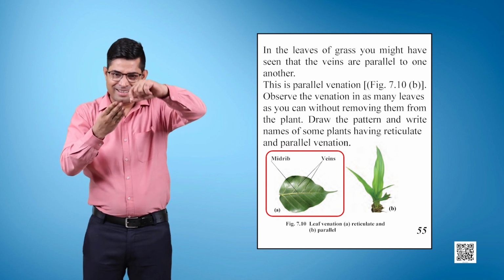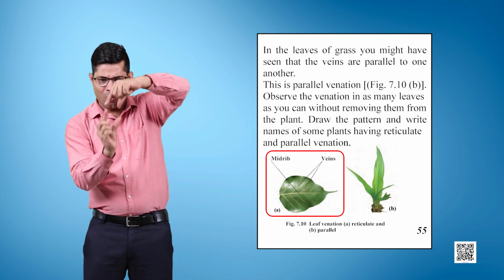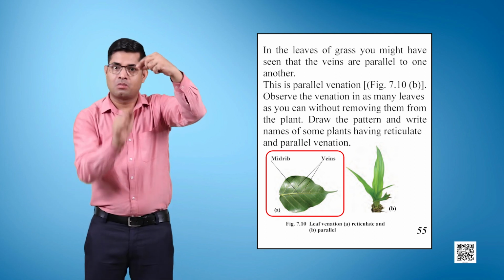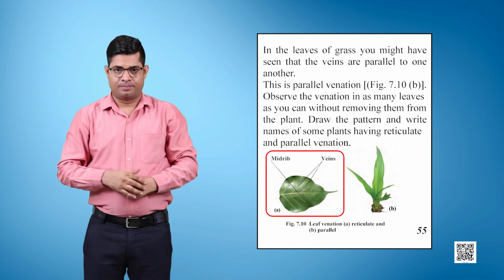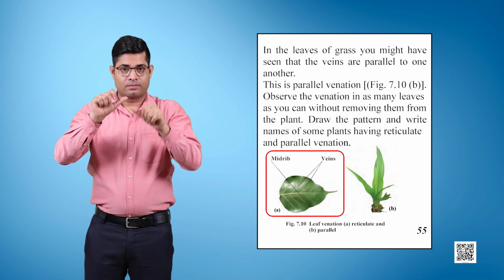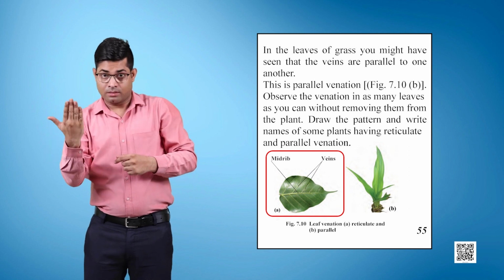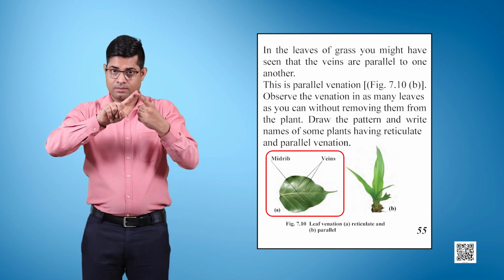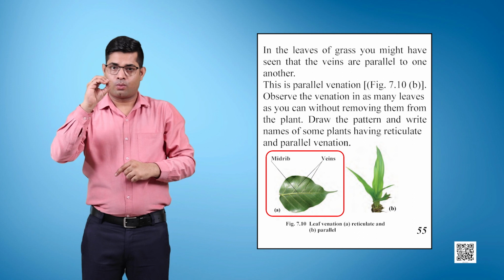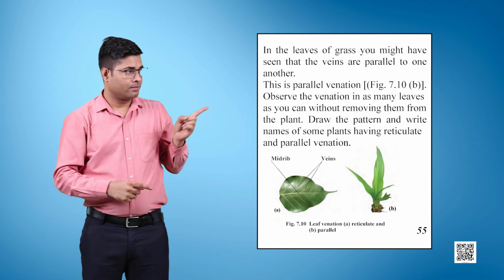In the leaves of grass, you might have seen that the veins are parallel to one another. This is parallel venation. Figure 7.10b.